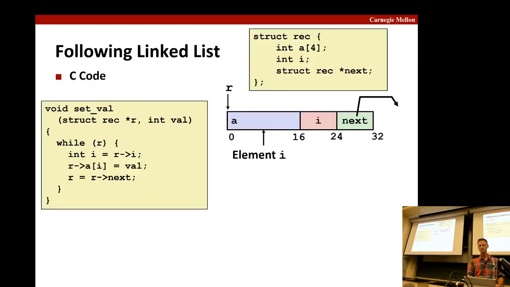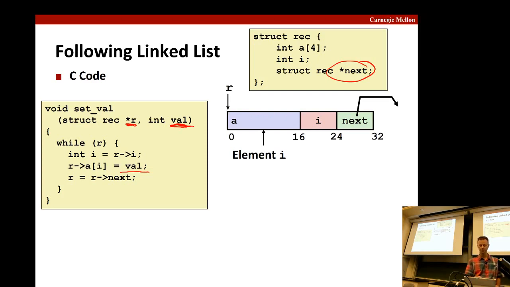This one's more interesting. Suppose we have a linked list of these structures. We have a routine that takes the start of the linked list and wants to set each of the array elements to this val.